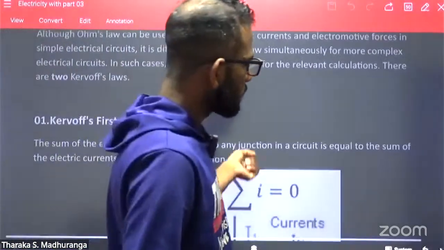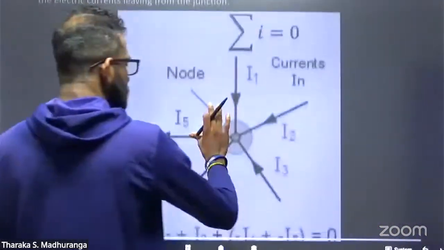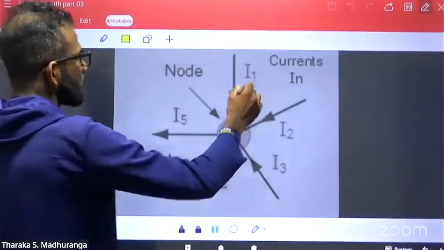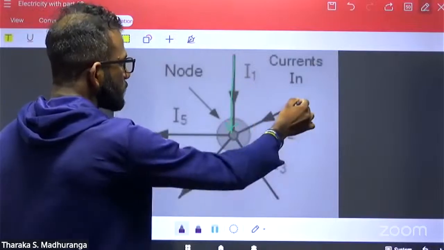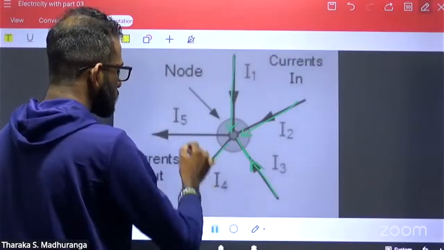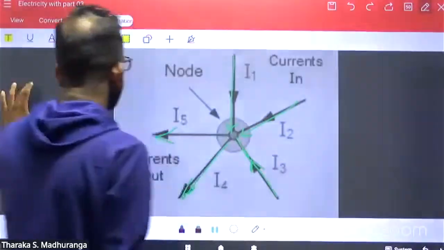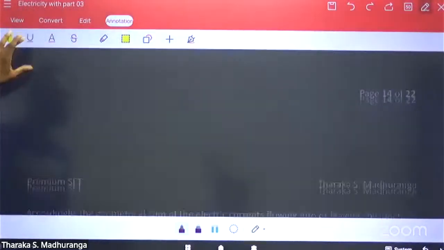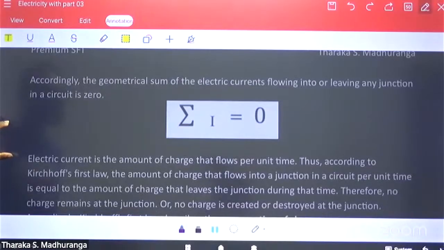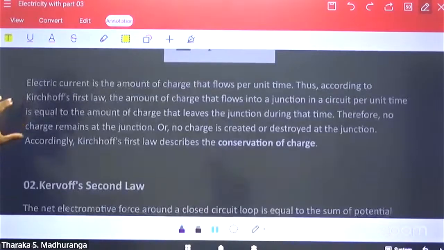Within a junction of a circuit, the current flowing in equals the amount of charge leaving. That expresses charge conservation, like energy conservation.